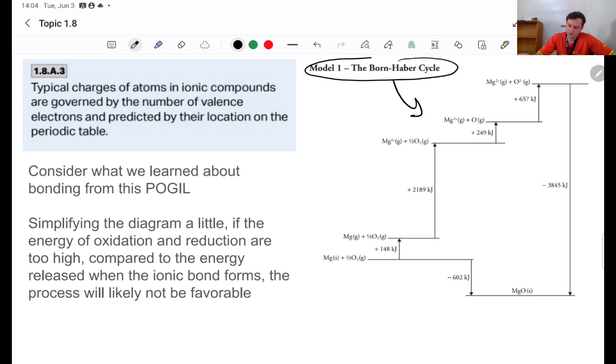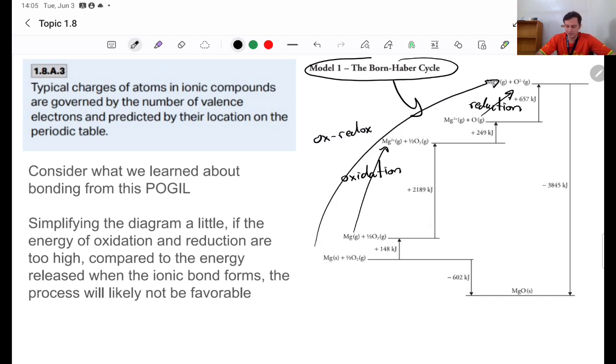To simplify a little bit, you can see that here we have the oxidation of magnesium, and then here we have the reduction of oxygen.